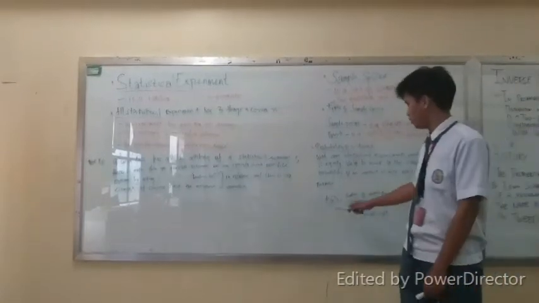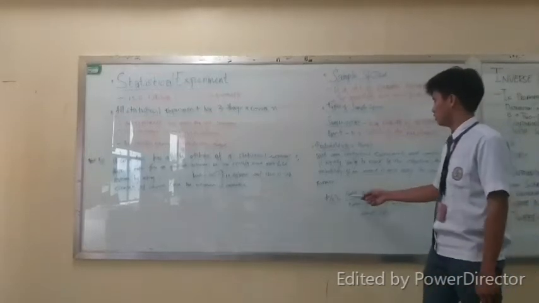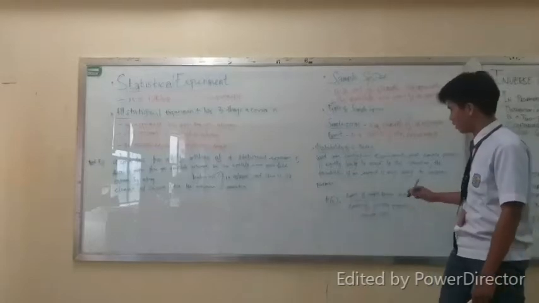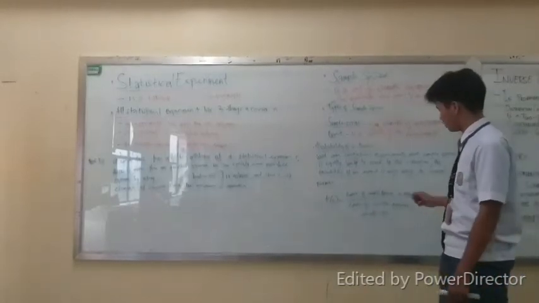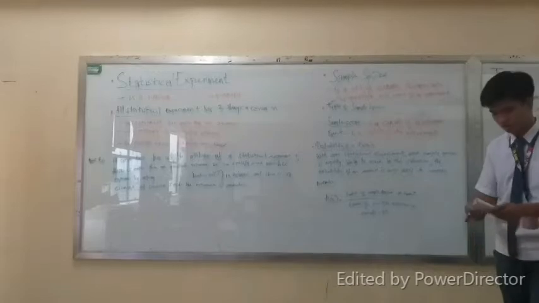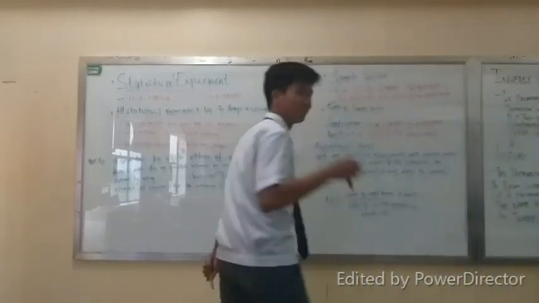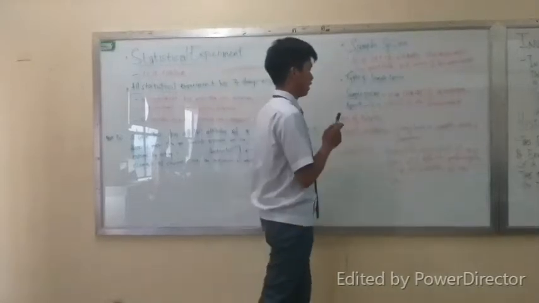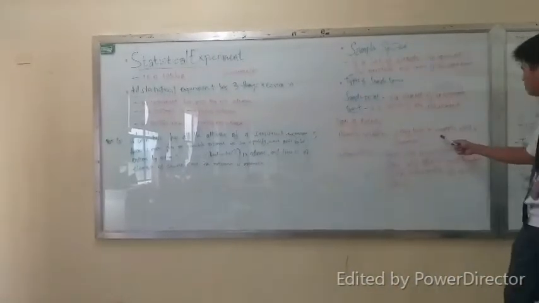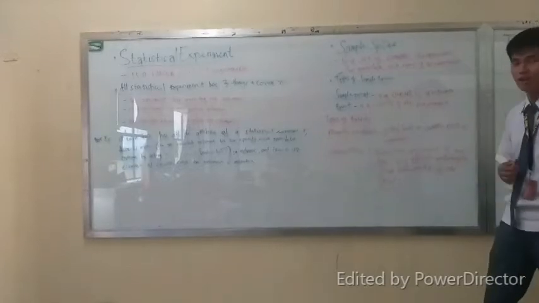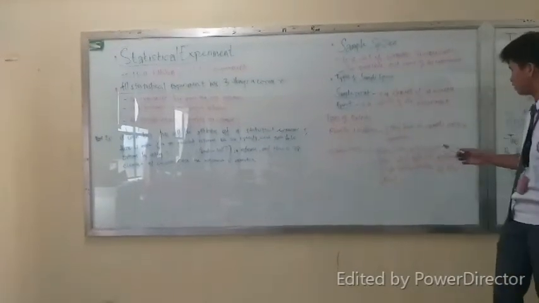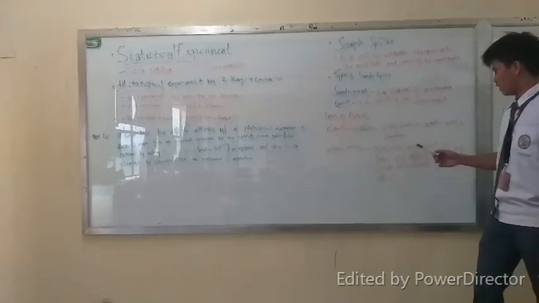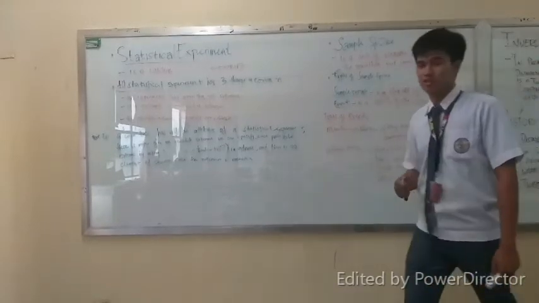The formula is P of E equals the number of sample points in the event over the number of sample points in the sample space. Events are mutually exclusive if they have no sample points in common. Events are independent when the occurrence of one does not affect the probability of the occurrence of the other. That's all.